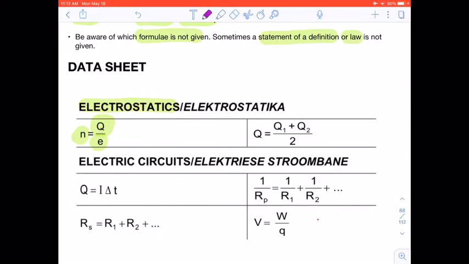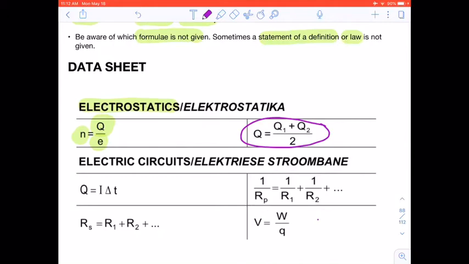If we look at this one here, you find that Q is equal to (Q1 plus Q2) upon 2. Under what situations do we use that formula? If you have two spherical objects and they are charged, and they are brought together and then separated, and we want to determine the charge on each sphere, then we use this particular formula for that situation.